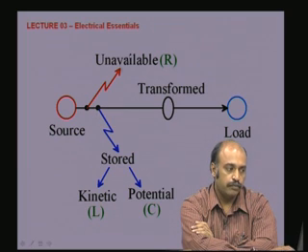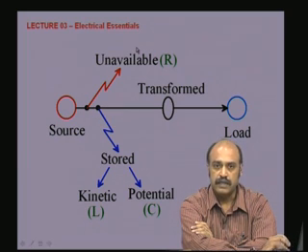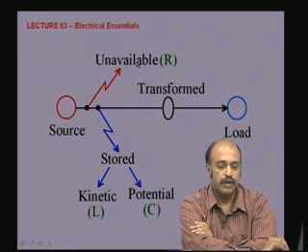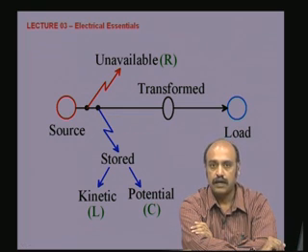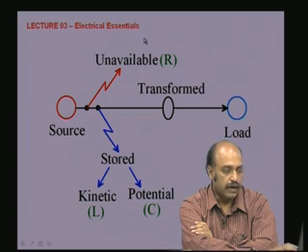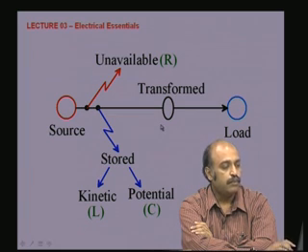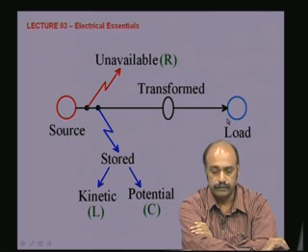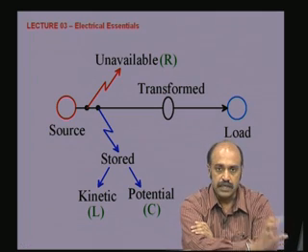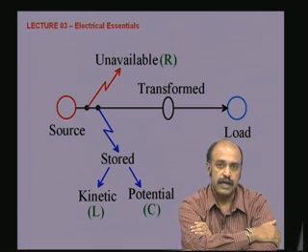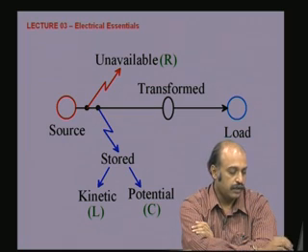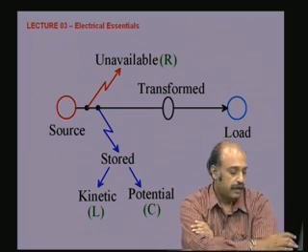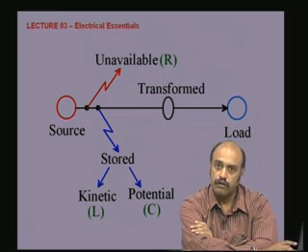And some portion will get dissipated in the dissipative components like the resistor in the electrical domain. It will go unavailable. There will be some portion of the energy that may get transformed and then go to the load. Okay. So, these are the aspects of the energy flow that will come into being, and how this gets analyzed in a circuit will also be focused on.